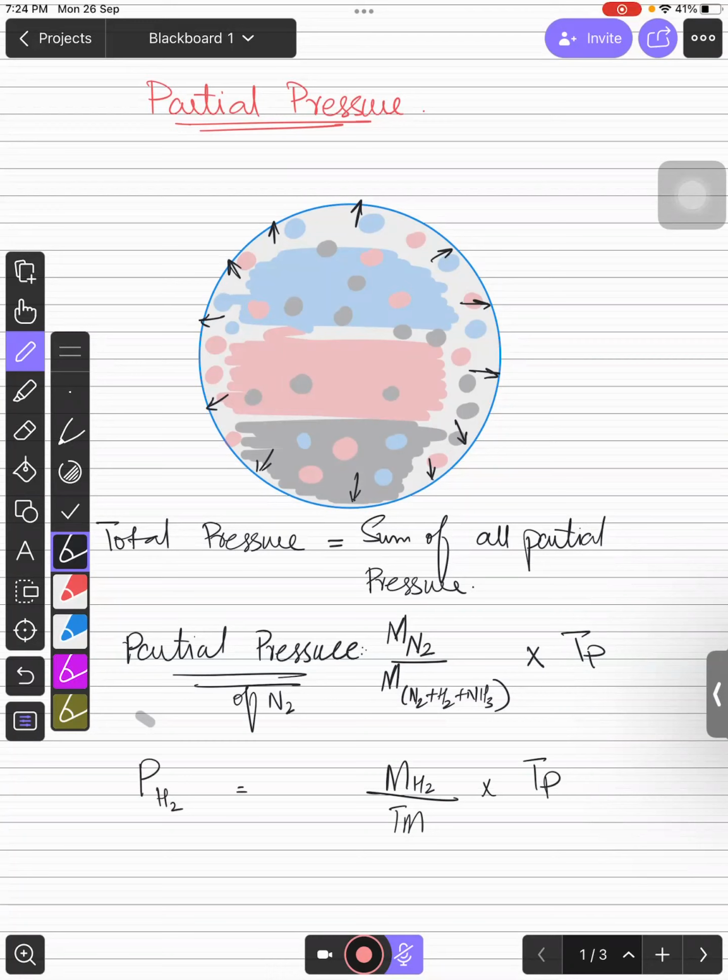For example, I'm giving you an example over here. Suppose you have air in this container.